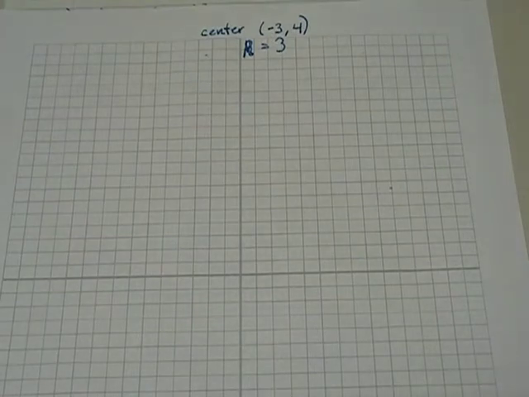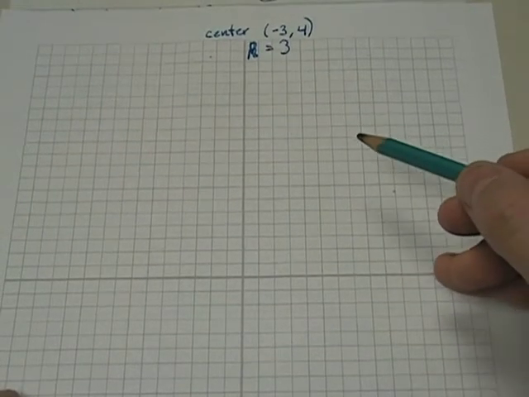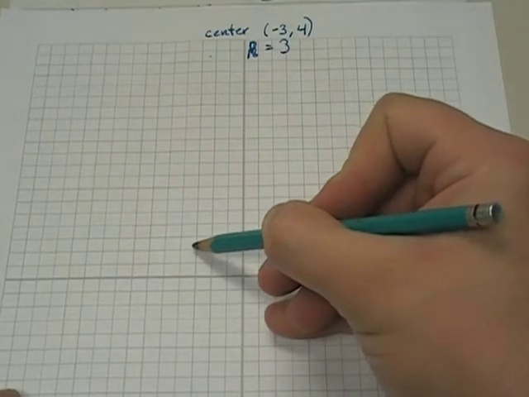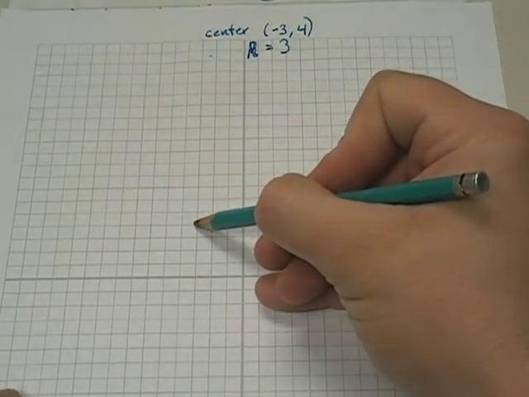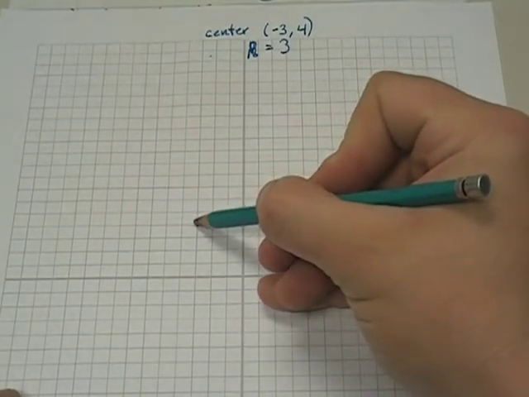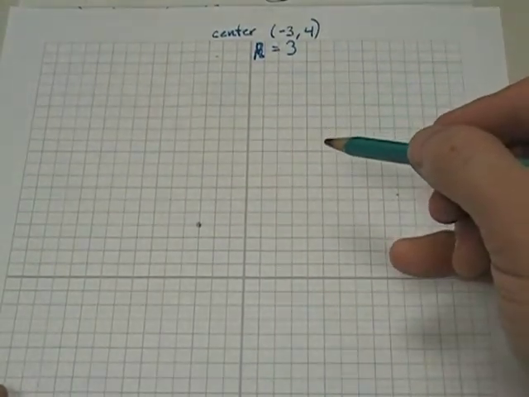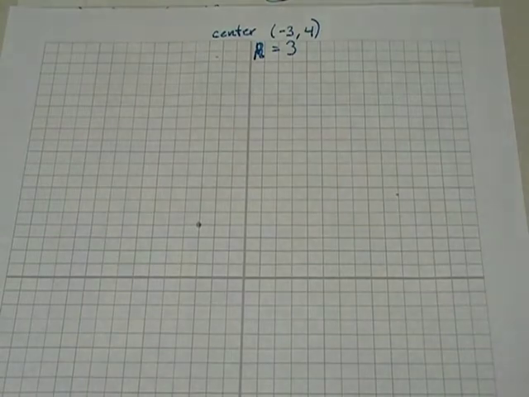So what do we do? Well, how do you graph a circle? The first thing you want to do is find the center. So we're going to go left 3, 1, 2, 3, and we're going to go up 4, 1, 2, 3, 4. And that point, that intersection of our graph paper grid, is our center.